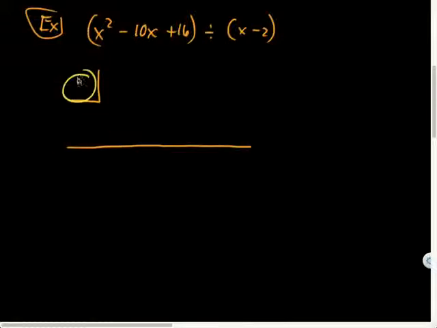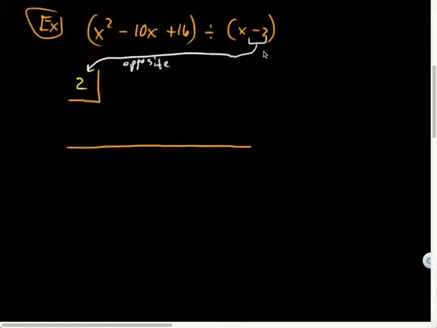Now the number that goes in the box is going to be the opposite of this. So it's going to be a positive 2. Opposite of my constant. Is it the constant term of the binomial? Yeah, it'll be the opposite of my constant within my binomial that I'm dividing by.